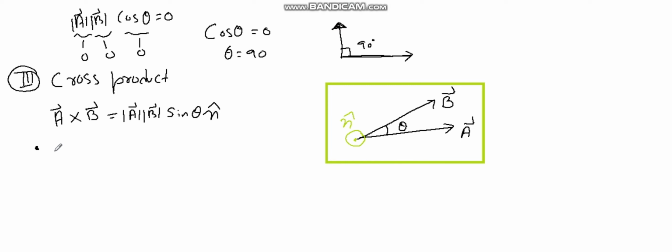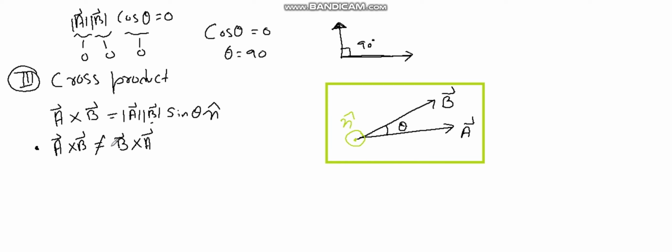The cross product does not follow the commutative property: A cross B is not equal to B cross A. From this equation, you could say that the magnitudes are scalar quantities, so they can interchange their positions and the final result would give A cross B and B cross A the same value.